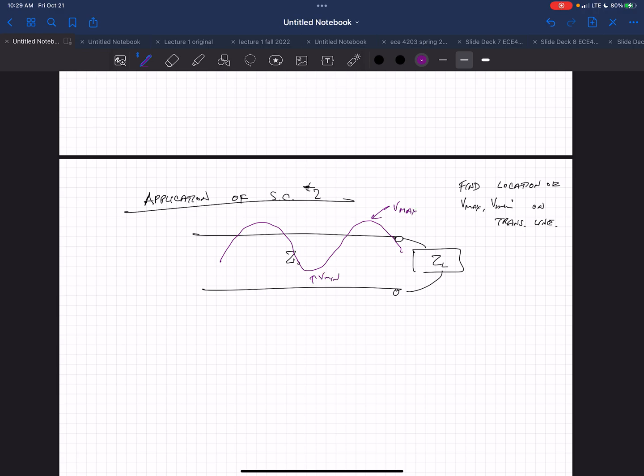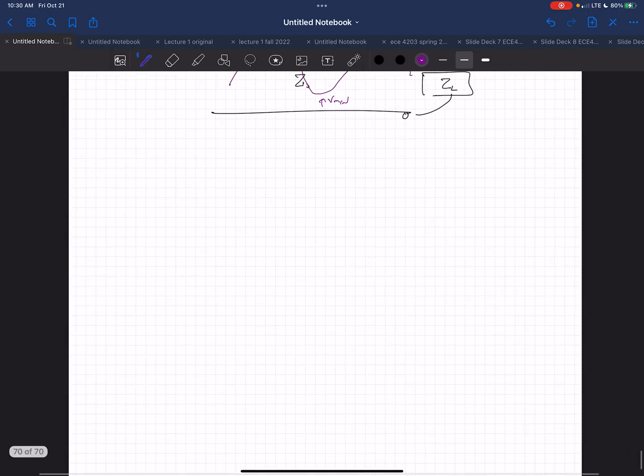And the reason, again, it's a standing wave is that at any point here, you have a transmitted wave going this way and a reflected wave going this way, and they're going to sum up either constructively or destructively in different levels, so you end up with what looks like a standing wave if you probe the voltages along that line.